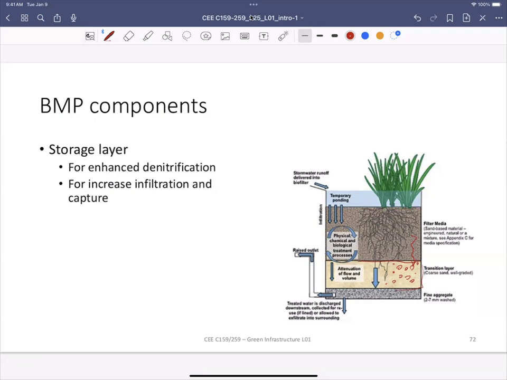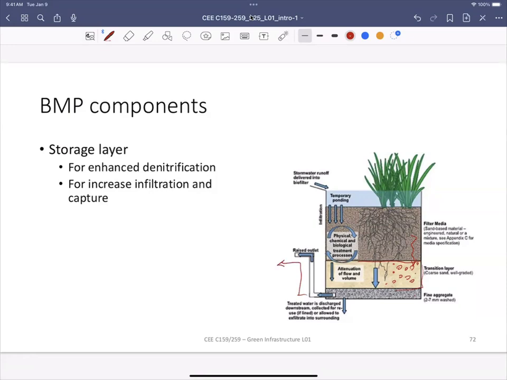A lot of times, if you want to increase the storage layer or saturate the storage layer, it can provide other benefits like denitrification, because denitrification happens in anoxic conditions. Anoxic conditions require something to be submerged for a long time. That's why they create a raised outlet.